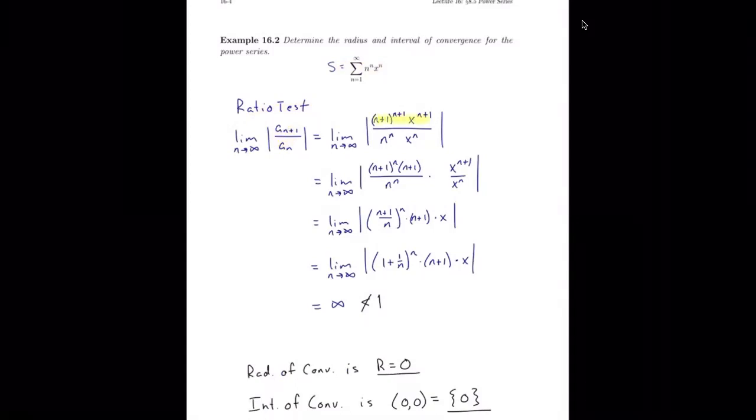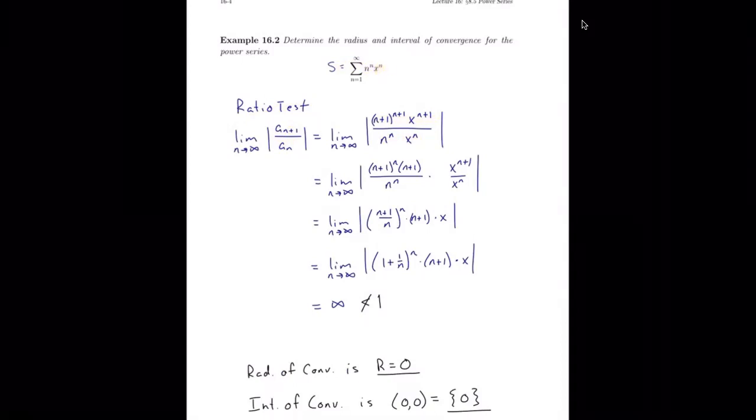So this is this expression replacing n with n plus 1 everywhere we see an n. And then this is just the same expression, a sub n, or c sub n times x to the n. The center of this power series, by the way, is 0. So it's good to keep track of that. There's no x minus a number or x plus a number to a power of n. It's just x to the n.